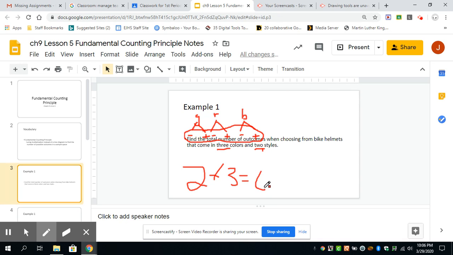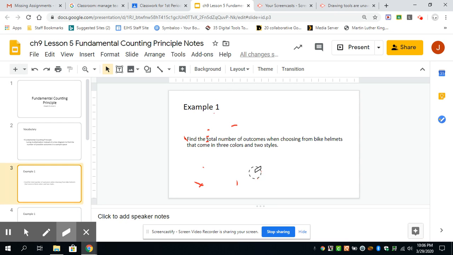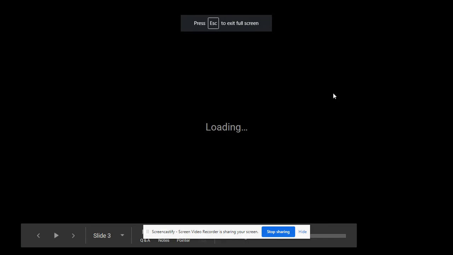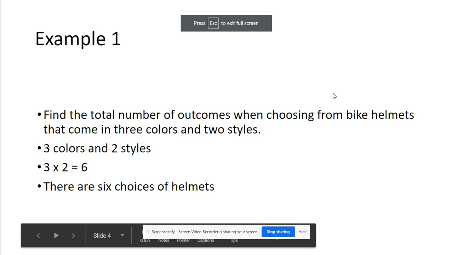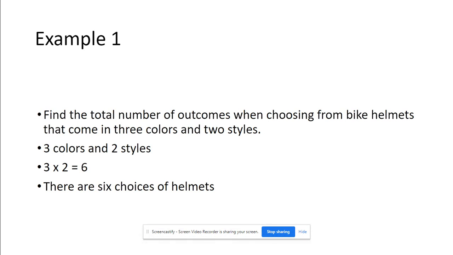If you compare that to the tree diagram up here, 1, 2, 3, 4, 5, 6, there are a total of 6 outcomes that we found through multiplication. That's really all you have to do: just multiply the number of outcomes. So there you see that there are 6 choices of helmets.